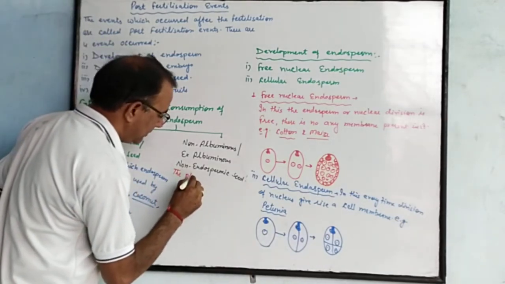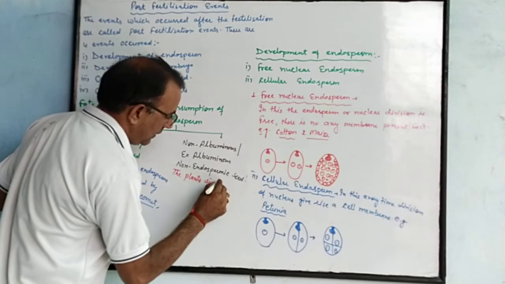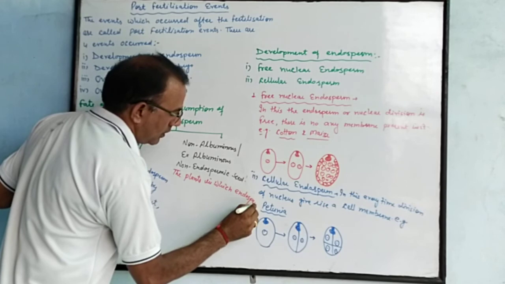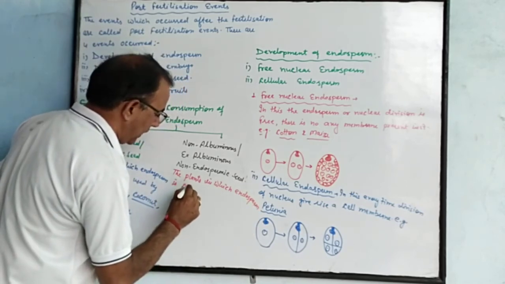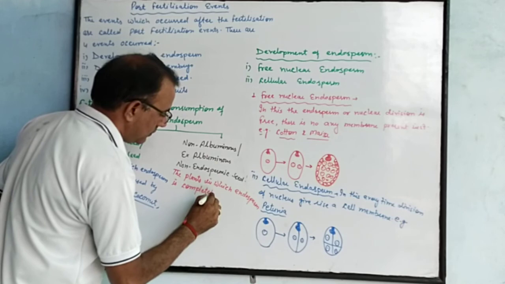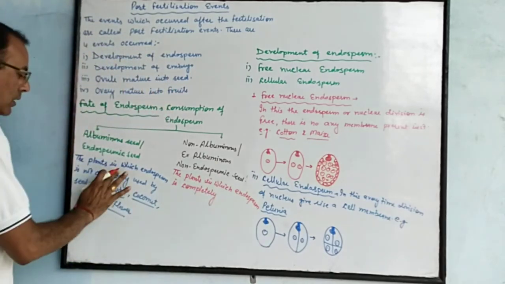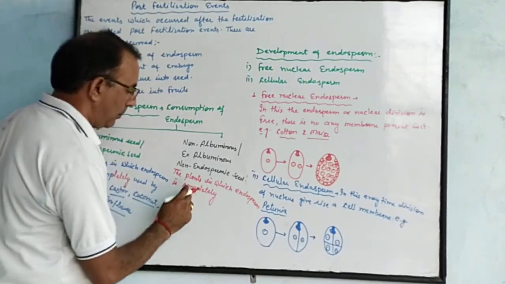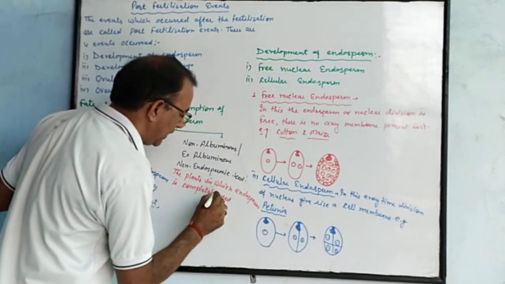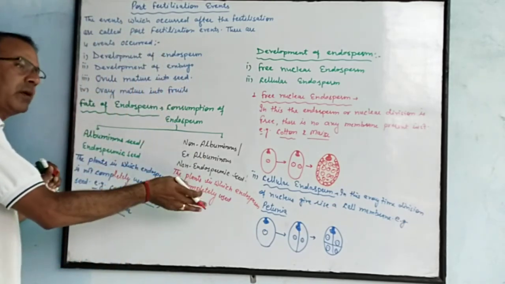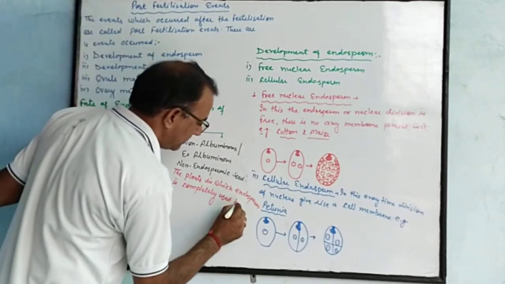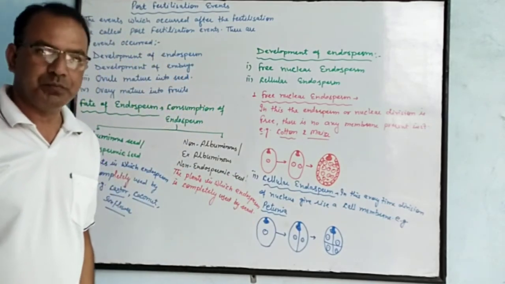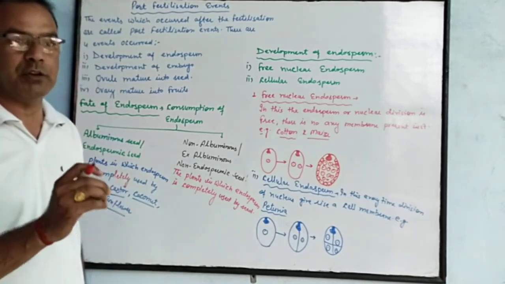The plants in which endosperm is completely used by the seed. Those types of seed are called non-albuminous seed, ex-albuminous seed or non-endospermic seed.